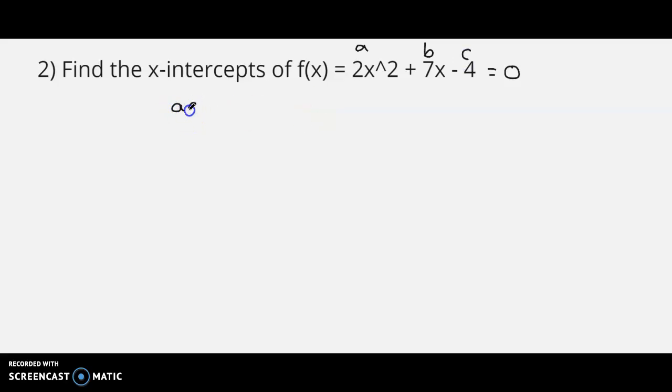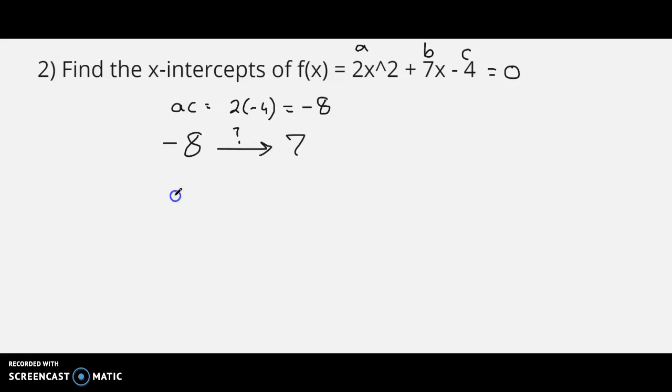First we're going to find A times C, which is 2 times negative 4, which is negative 8. The question we need to ask ourselves, what factors of negative 8 add up to positive 7?